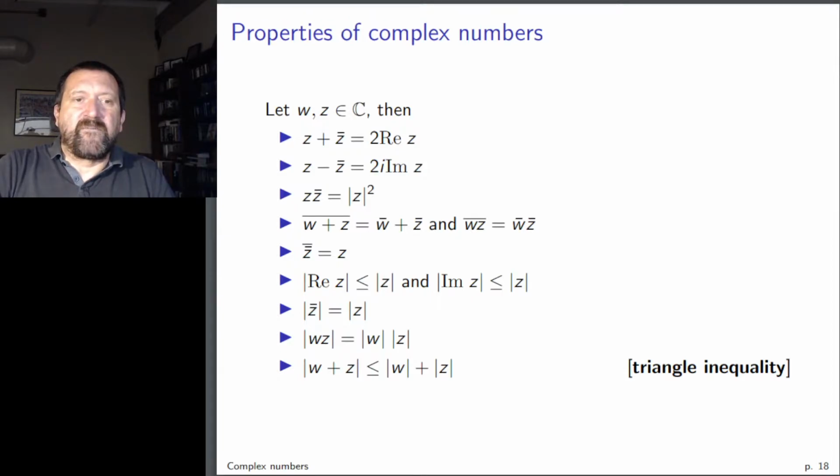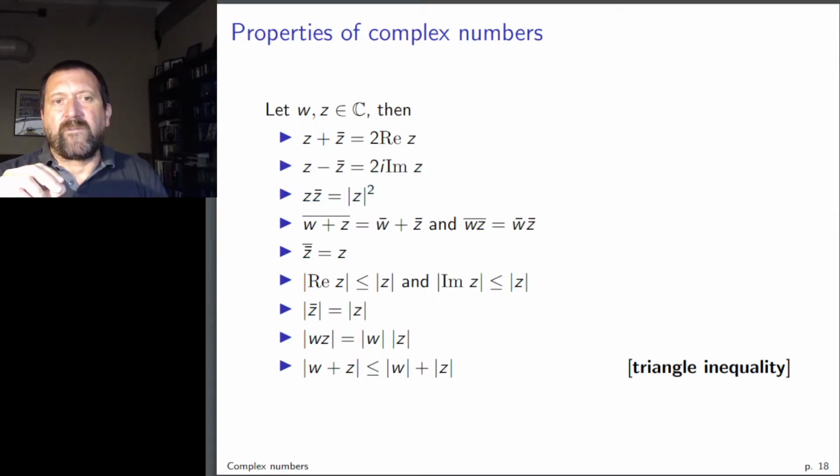This one here is very useful: the product of a number and its conjugate is the square of the modulus. And all these other properties are quite important. I suggest you take a look. One that is very, very useful is this one, the triangle inequality. The modulus of a sum is less than or equal to the sum of the moduli.